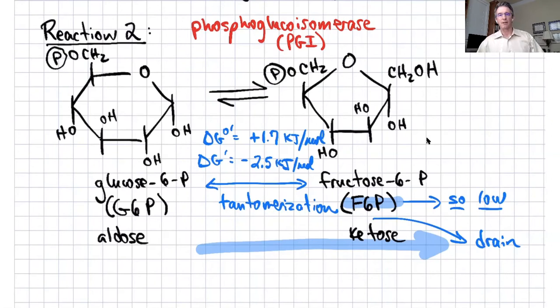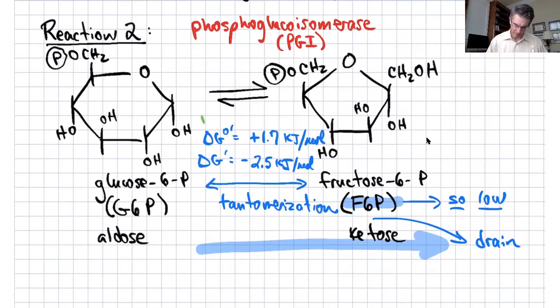Now, in terms of thinking about what's going on here, the basic chemistry of this enzyme is relatively straightforward, except it's got some extra steps. The first is you can't do this tautomerization until and unless you open the ring. So you have to disrupt that internal hemiacetal. The way that's going to work is through some coupled acid-base catalysis.